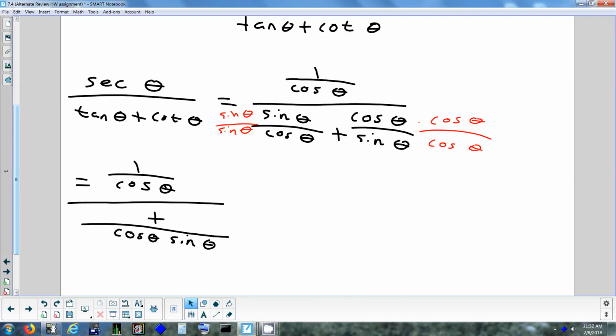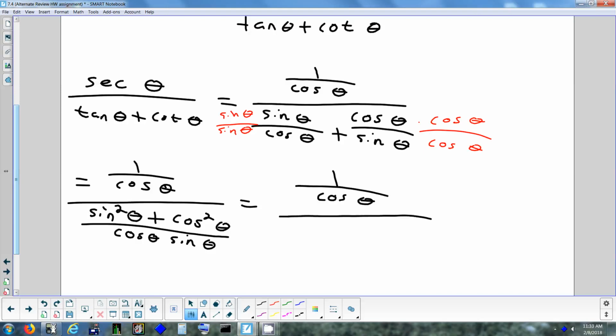Cosine over cosine. And now if we multiply what we have in the left part, Tyler, what's sine times sine? Sine squared. And what about the other part? Cosine squared. And we just used this Pythagorean identity earlier. What's sine squared plus cosine squared? 1. Now we're finally getting to something that is starting to look a little better.